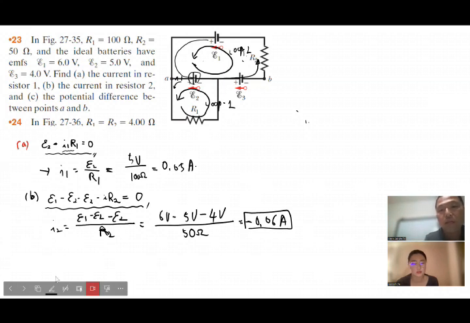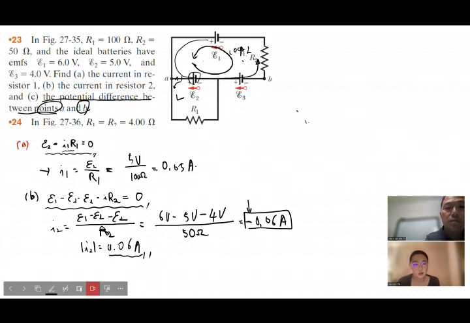So the negative sign indicates that the current is in the opposite direction of loop 2. The absolute value of the I2 current is 0.06 amps, 60 milliamps. And now number C, the potential difference between points A and B. So let me just clear up this picture.